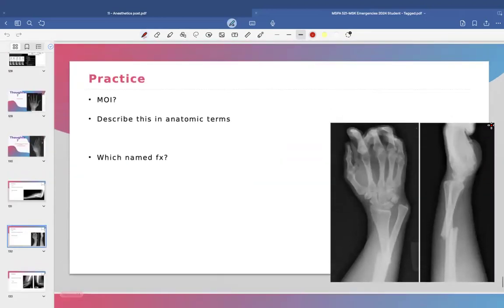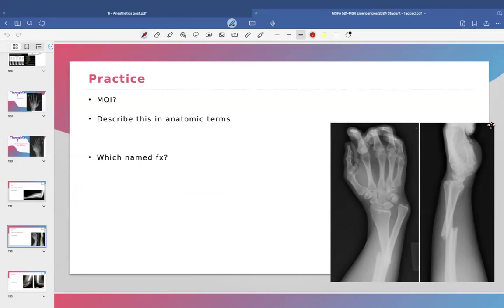Okay, how about this one? Which one? The Galeazzi. Monteggia or Galeazzi? I don't pronounce anything either, it's the big one, right? So it's gonna be a fracture of the distal radius and a dislocation of the distal radioulnar joint.